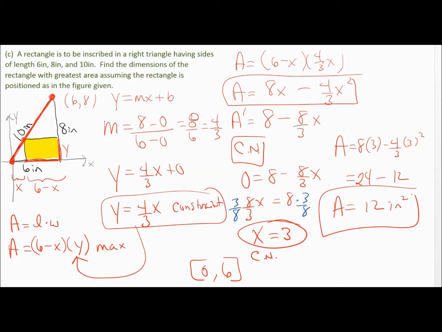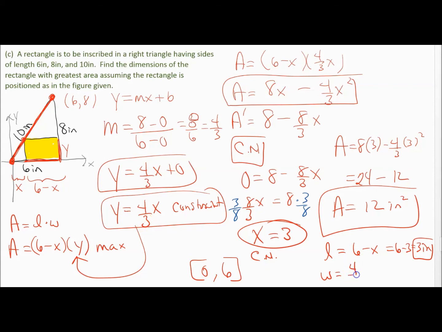But now that's not the dimensions of the rectangle, right? Our length, remember, was 6 minus x, okay? So that's going to be 6 minus 3, which is 3 inches for length. Our width, or our height, was y. How do you find y? Well, back over here, y is equal to 4/3 x.